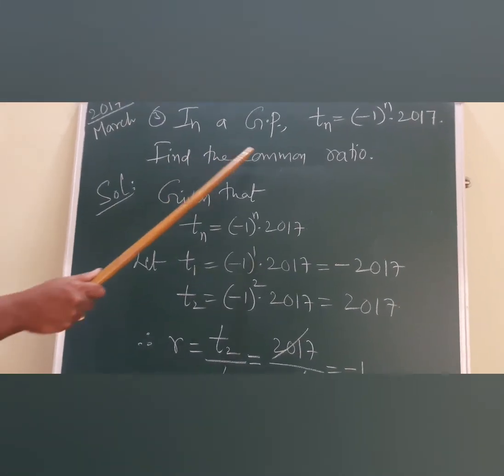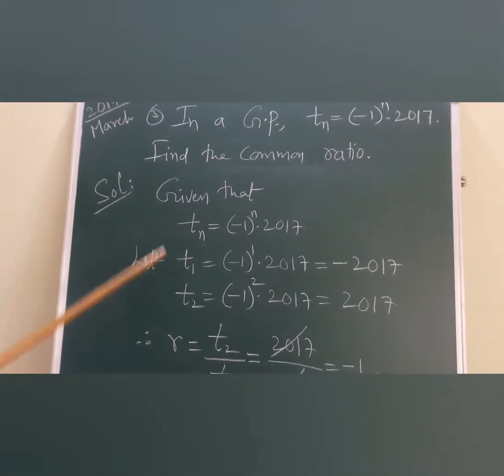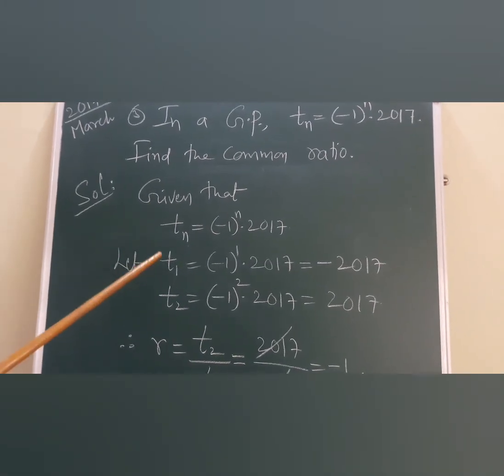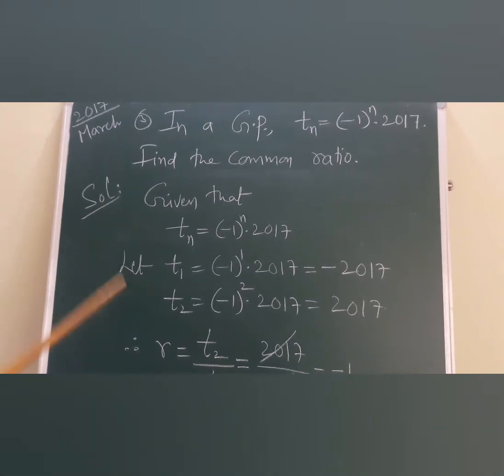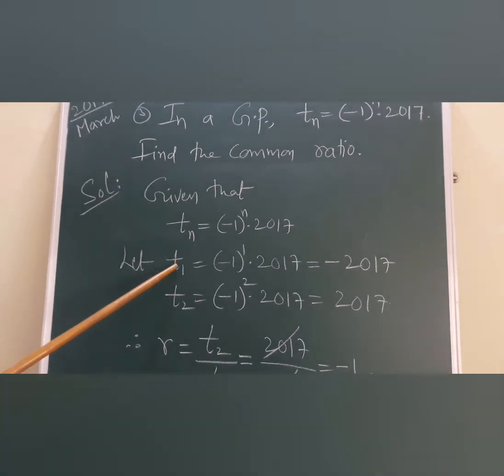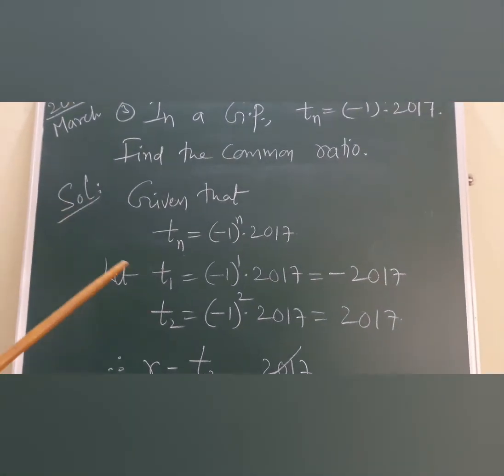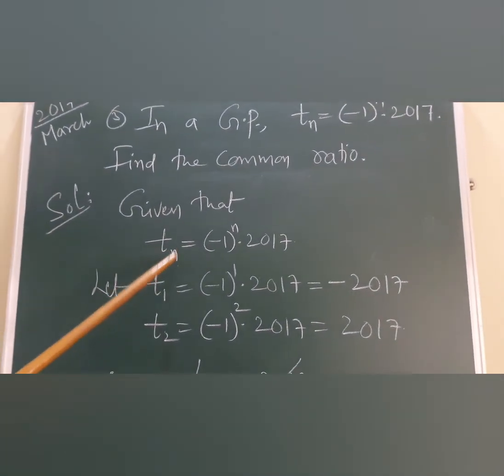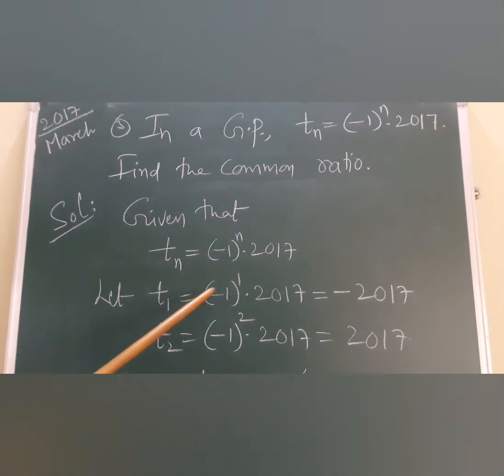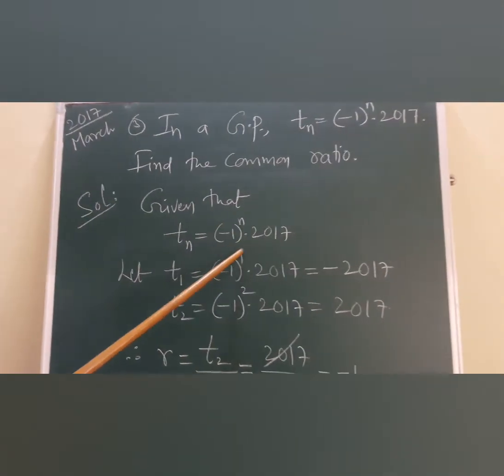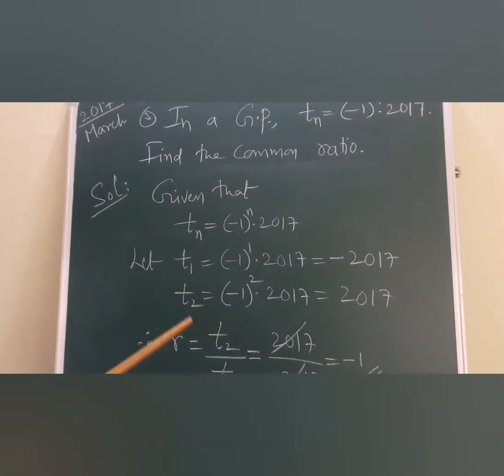For finding the common ratio, we need any two successive terms. That means we need t1 and t2. For t1, take n is equal to 1. So minus 1 to the power of 1 into 2017.